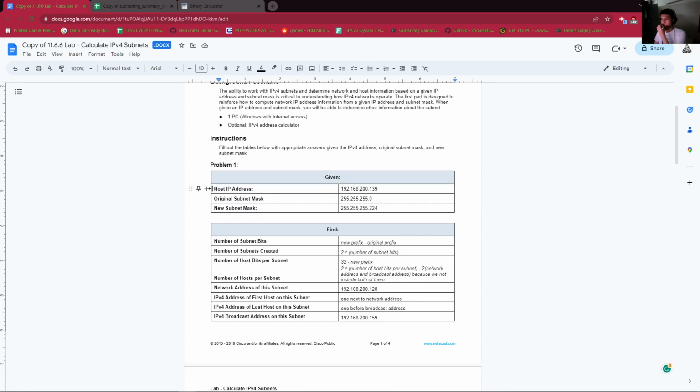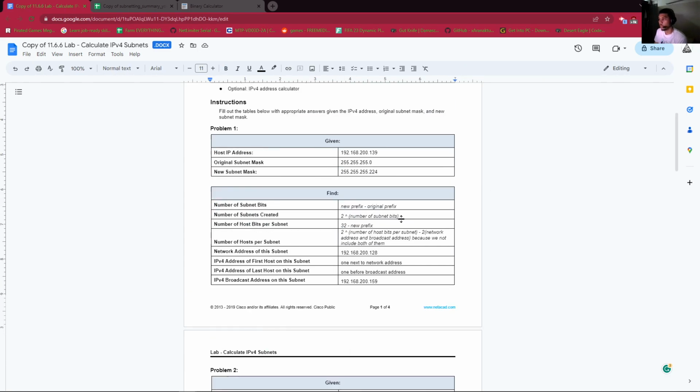This is what we've been given: the host IP address here, the original subnet mask here, and the new subnet mask here. First question is the number of subnet bits. To find this, we need the prefix from the new subnet mask and the prefix from the original subnet mask.